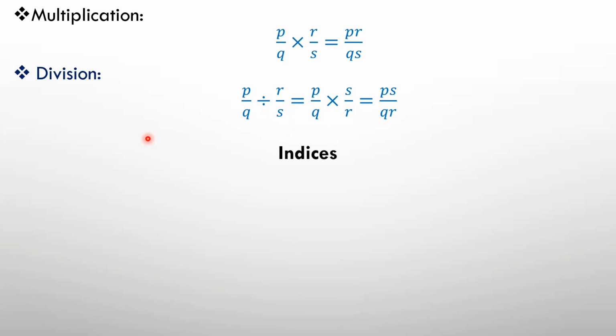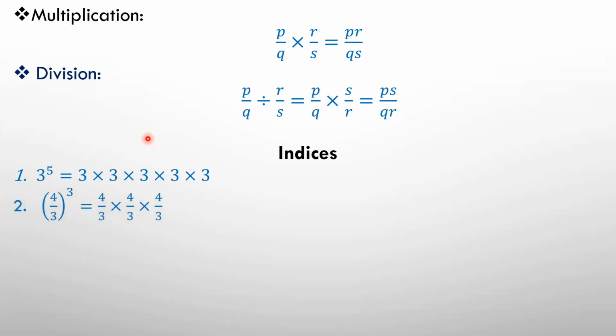Next is indices. Indices is of this form. 3 raised to 5 means multiply 3 five times. Similarly n raised to 5 means multiply n 5 times. N raised to 10, multiply n 10 times. 4 upon 3 raised to 3, multiply 4 upon 3 three times.